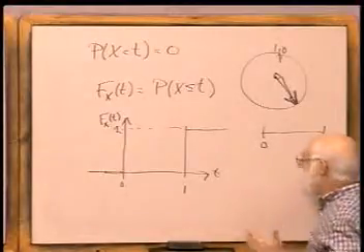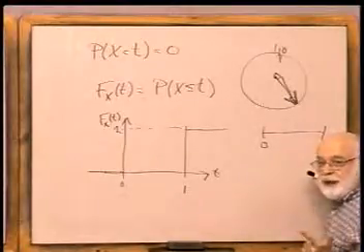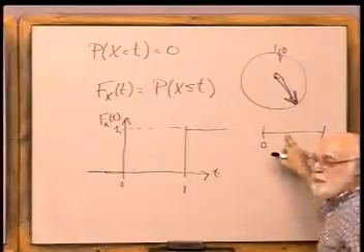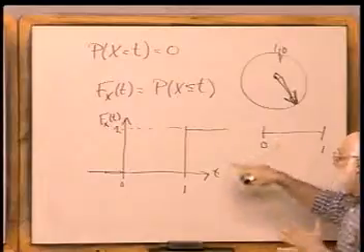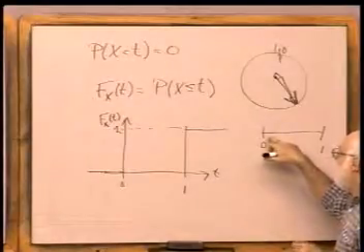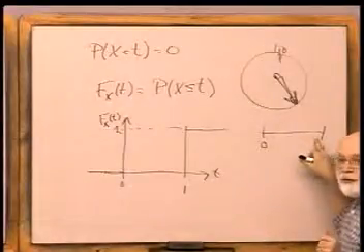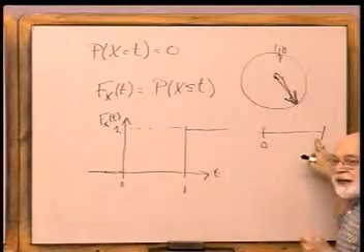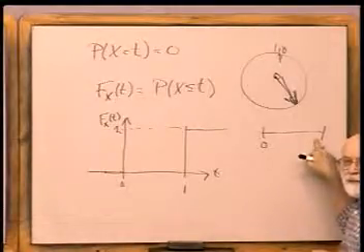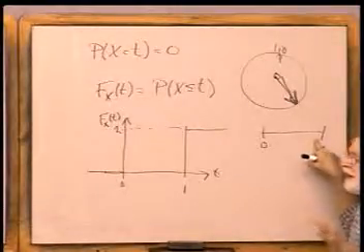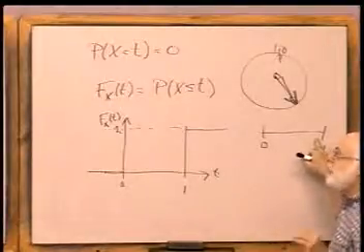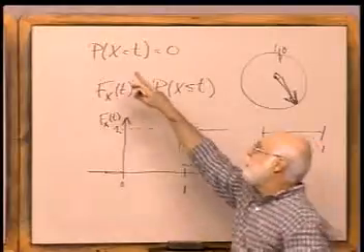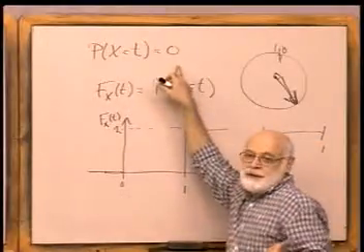But the probability that I would get any specific number, if I said, what's the probability I get 0.7, the answer is 0. That's why we're doing this, because the probability of getting any particular value is 0, but when the experiment is conducted, we get some value. So you have to come up with a different way of handling it than simply saying that the probability that x equals something is 0, because it doesn't tell you anything.